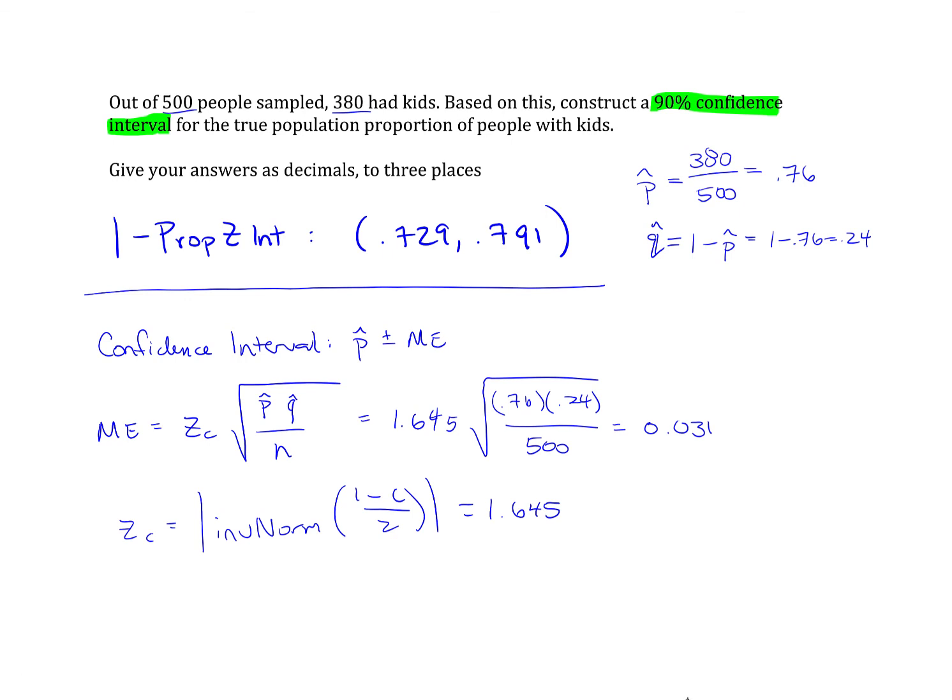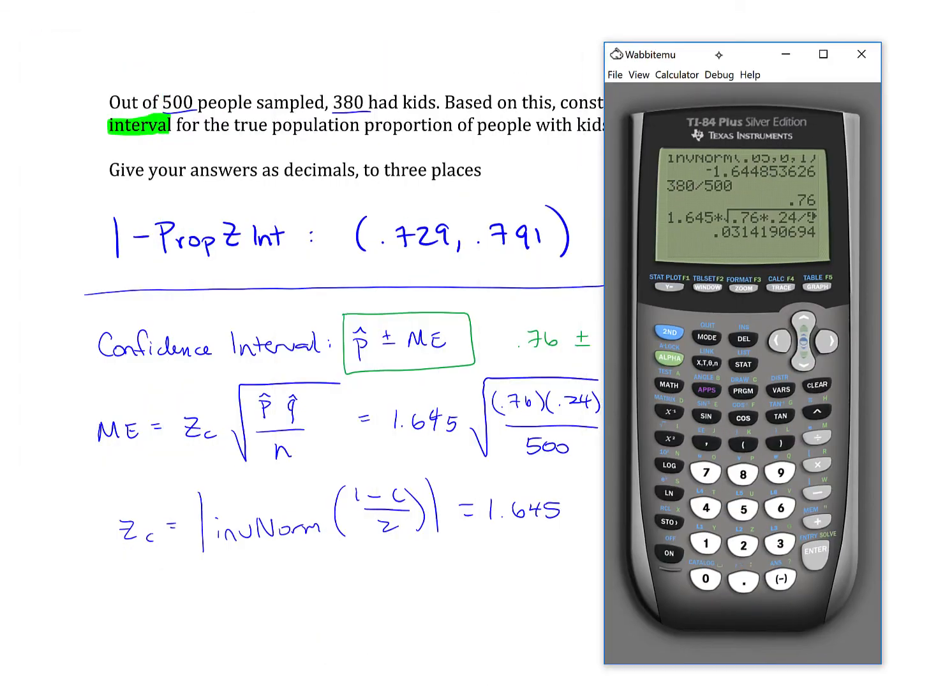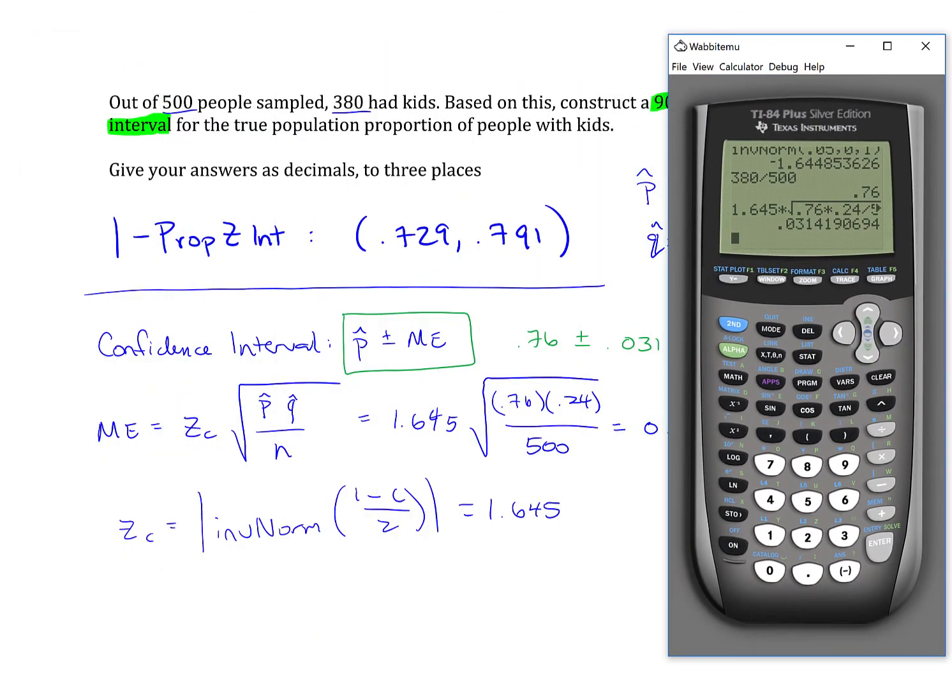Now, the confidence interval is p hat plus or minus that margin of error. So it would be 0.76 plus or minus 0.031. I don't know why I was writing a 4 there. Let's see what we come up with.